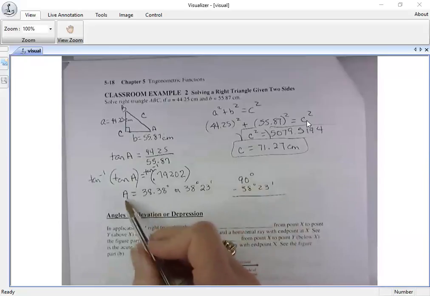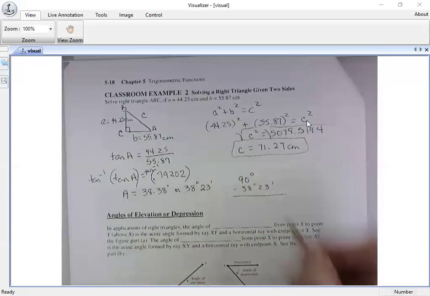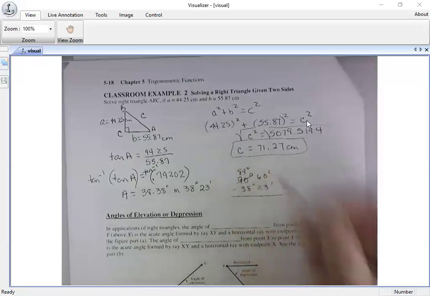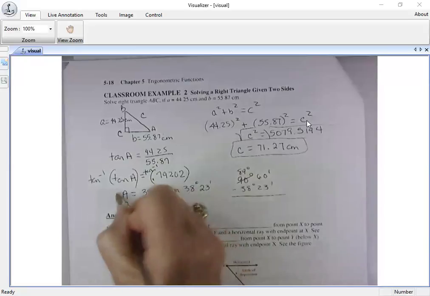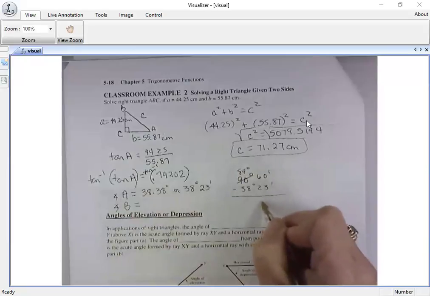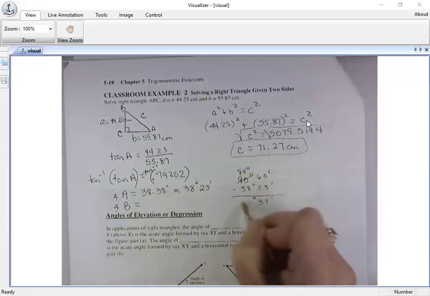You could actually get the cotangent of the other angle, or I guess you could do the tangent of angle B if you wanted and find that. But if I wanted to solve this, I would change this to 89 degrees, 60 minutes, and that's going to mean that angle B will be what? Looks like 37 minutes. And then this would be 51 degrees.